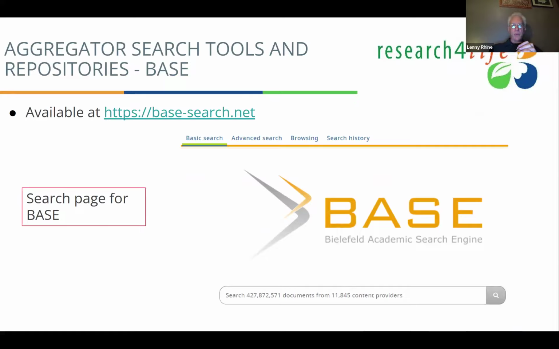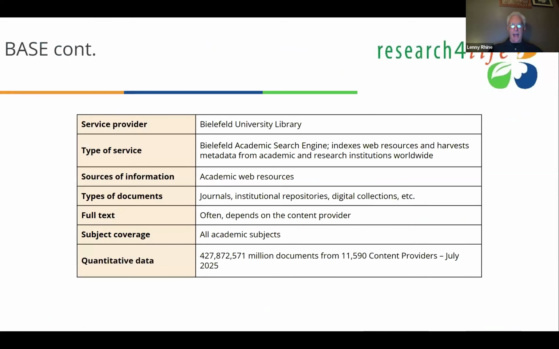So the first one is called BASE, Bielefeld Academic Search Engine, and it has journals, institutional repositories, digital collections. Okay, so it's all academic subjects, but many of them are not refereed journal articles. They have 427 million documents there.